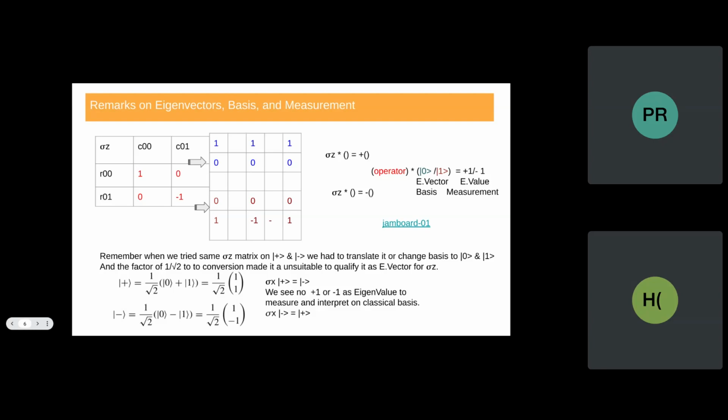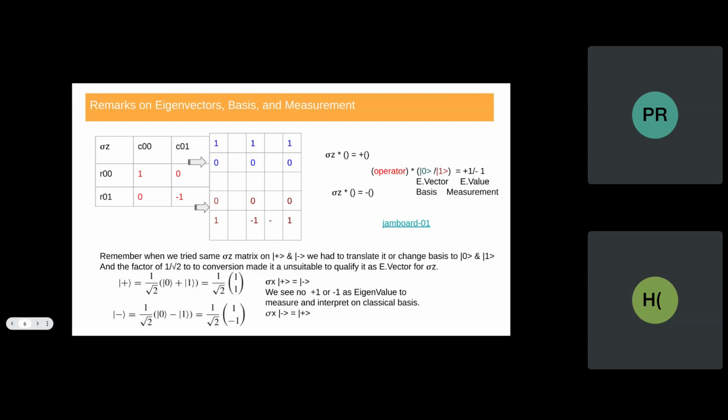So 1 0 0 minus 1, sigma z, is a 2 by 2 matrix, and you want to multiply it with ket 0. Ket 0 is the column matrix 1 0, and ket 1 is the column 0 1. We are multiplying with these 2 vectors because these are the 2 vectors, spin up and spin down.